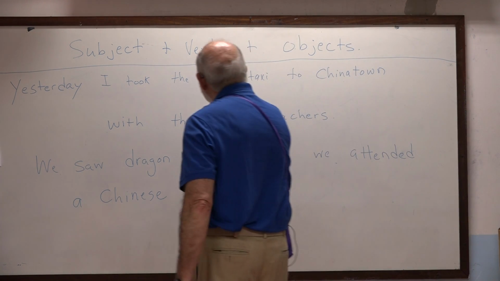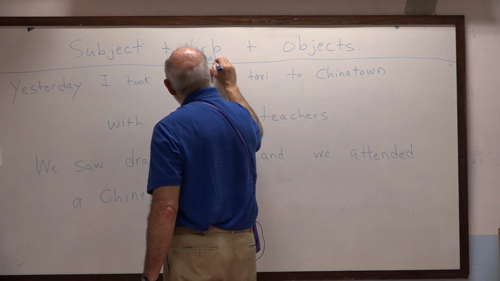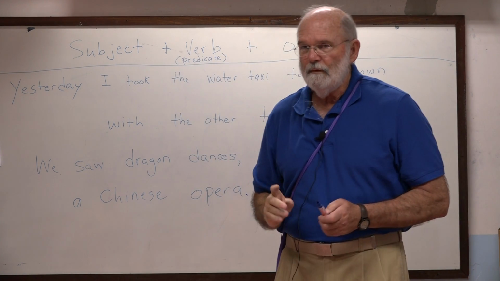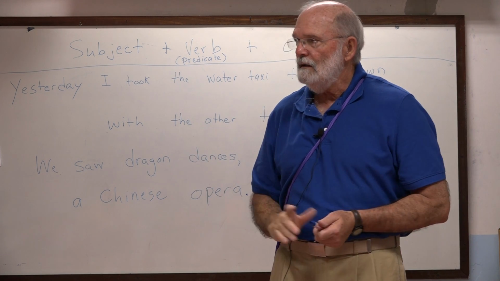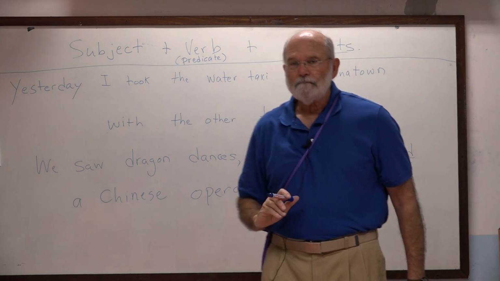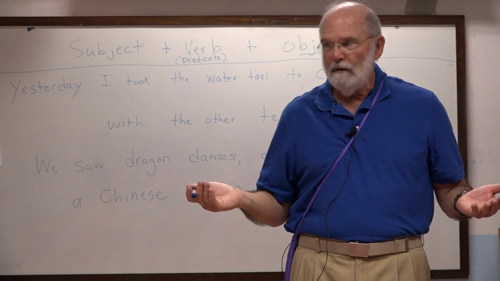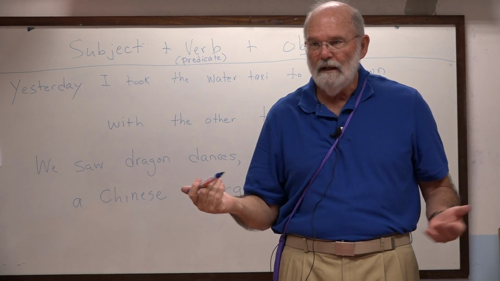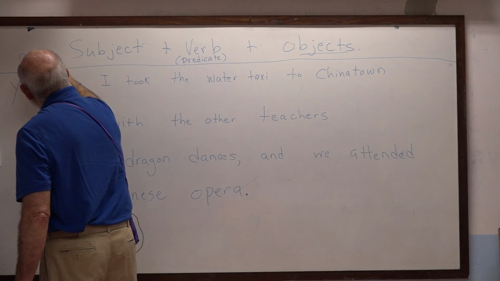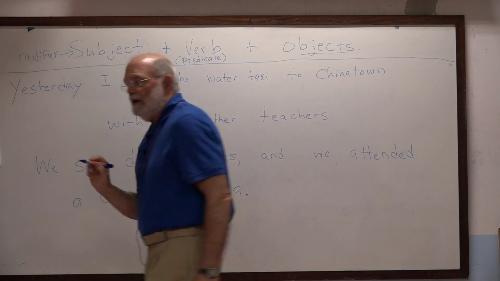Sometimes we call the verb, sometimes we call it the predicate. The predicate is the action in the sentence. And then we have objects. Now, we make that structure more detailed, we give more detail to that by adding modifiers. So we might have modifiers for the subject.